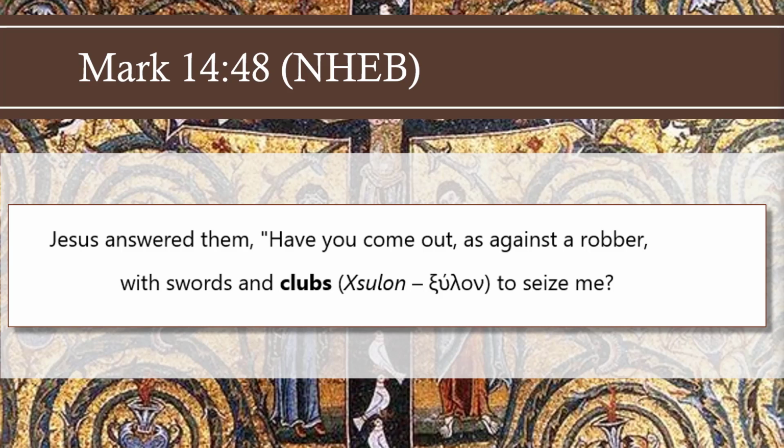And so it says here, Jesus answered them, "Have you come out as against a robber with swords and clubs?" And the word that's used there is xulon. So here we have wood, but it's not a living, growing tree, it's a club. In fact, it's an instrument to destroy, not to bring life.